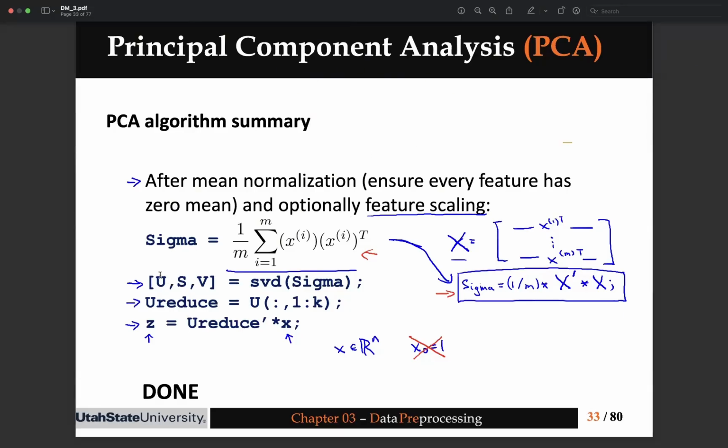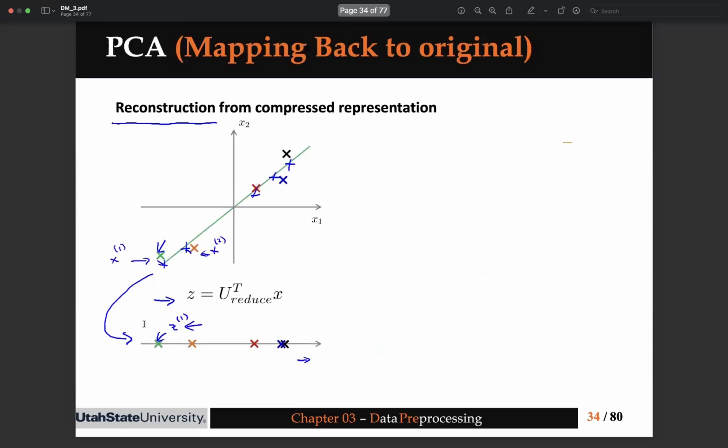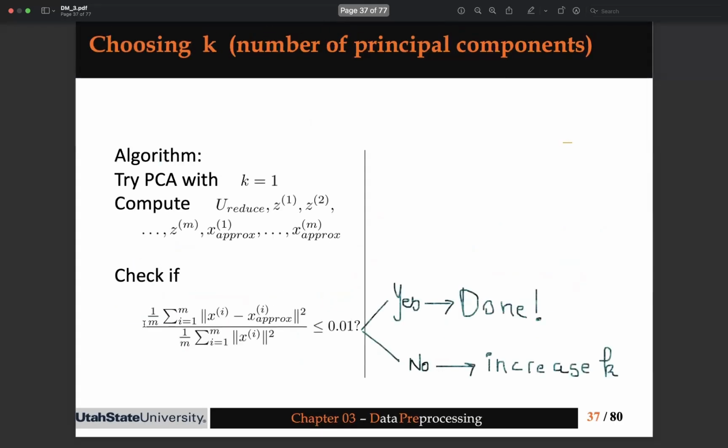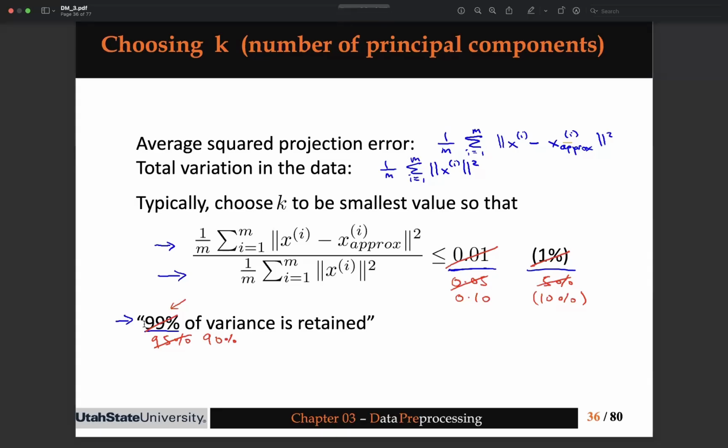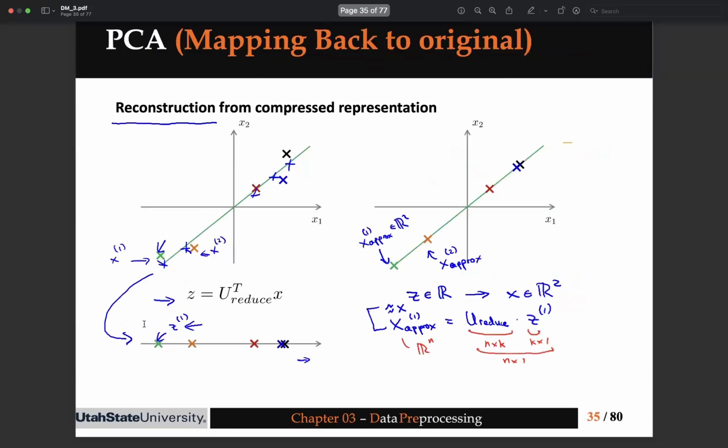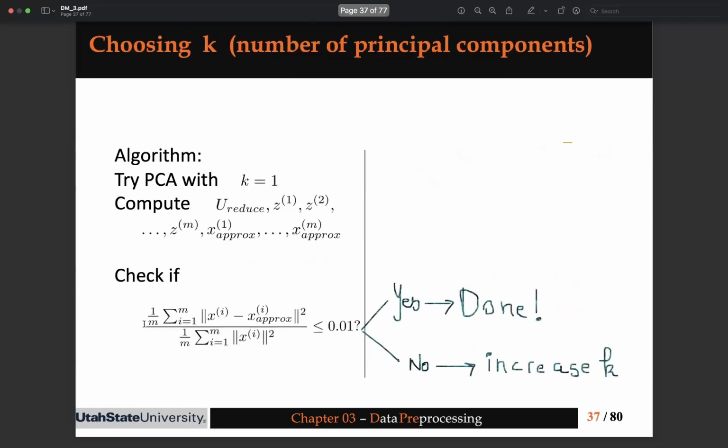The U will allow me to take the first K principal components and multiply them with my X in the original space, in order to get the Z coordinates of my data set in this new reduced space of 2D, 3D, or 4D, whatever K is chosen. Now that I know how to compute my PCA, the next step is to find the number K, or the number of columns that I need to choose from my U matrix after applying the SVD.